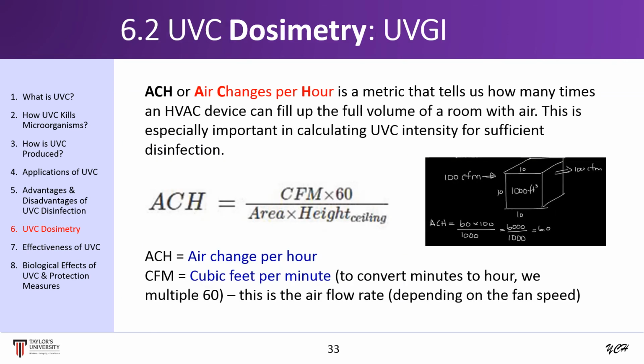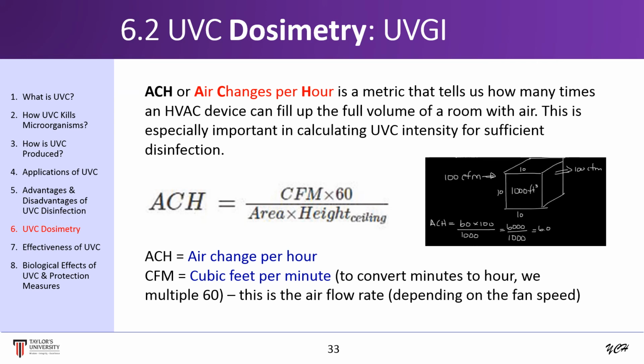Another important parameter in air disinfection calculation is ACH, meaning air changes per hour. It's a metric that tells us how many times an HVAC device can fill up the full volume of a room with air. This is especially important in calculating UVC intensity for sufficient disinfection.